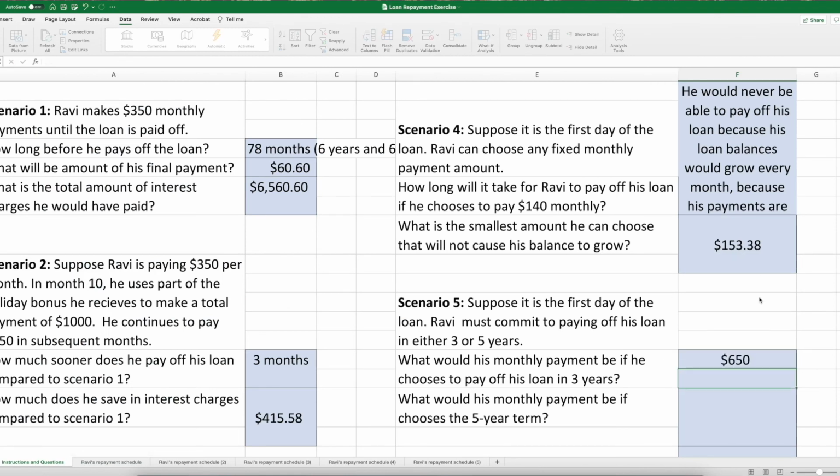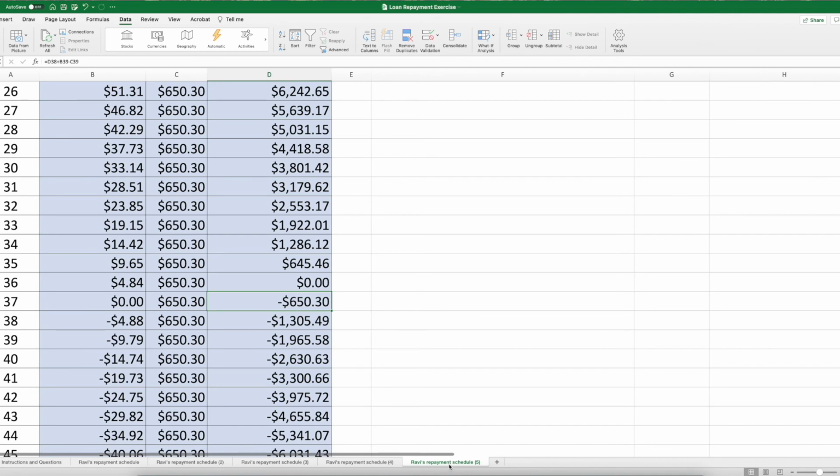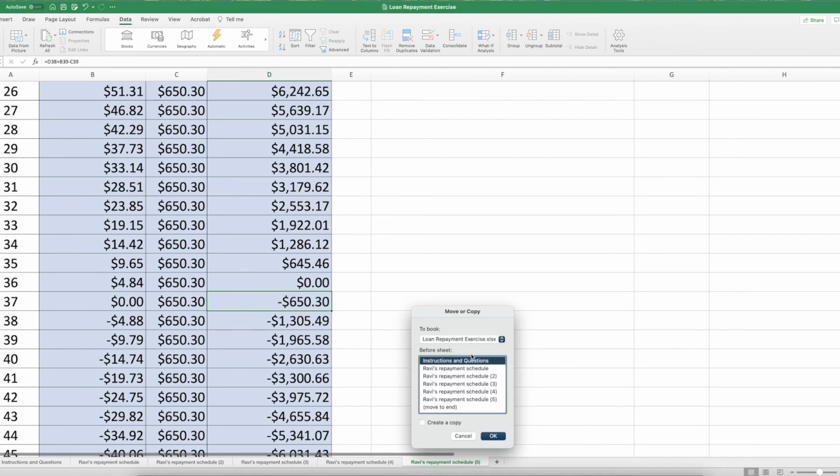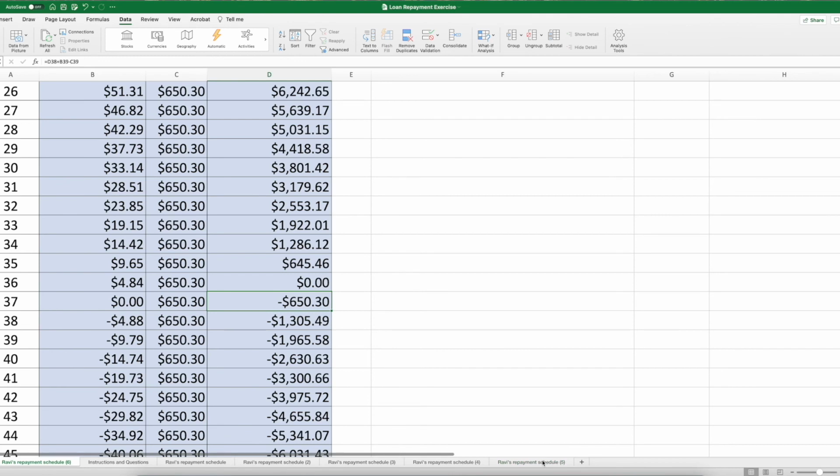Okay, and so we can put that over here. $650. What would his monthly payment be if he chooses a 5-year term? Okay, so let's create a copy of this. Copy, and this time we are going to call it, instead of repayment schedule 6, 5.1, because it's part of the same scenario.